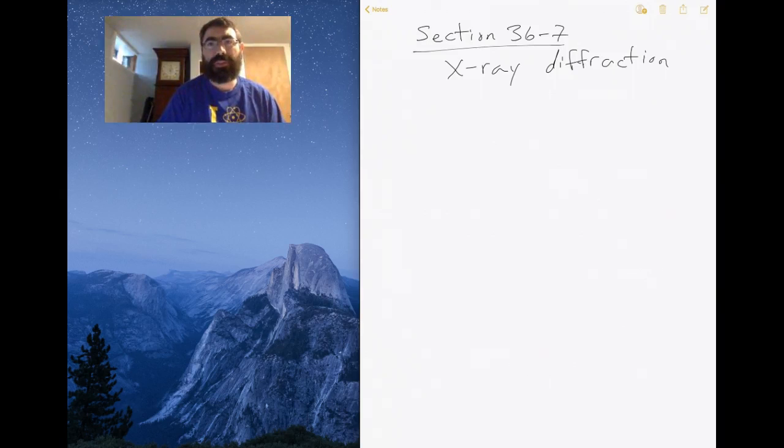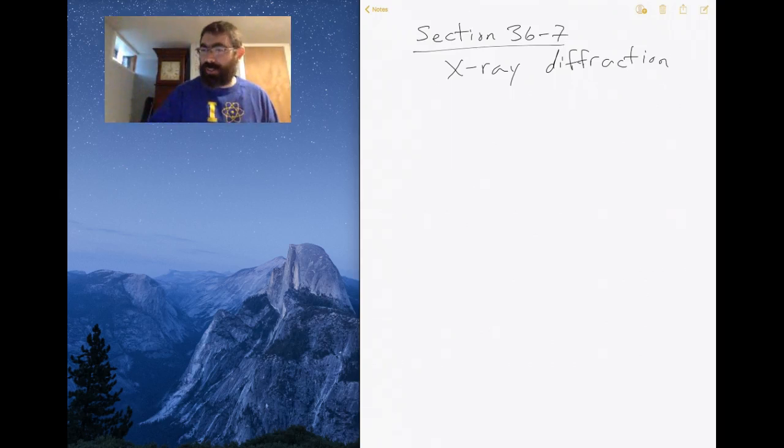That means that if we want to diffract with X-rays, we have to do it with an opening or a scale that's close to but bigger than the wavelength of an X-ray.